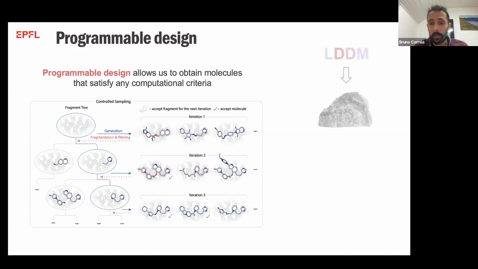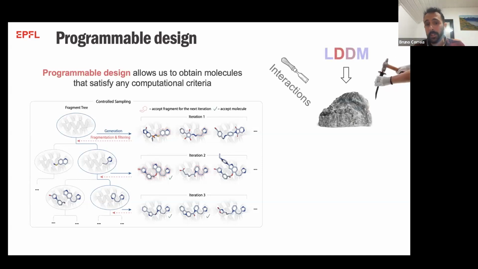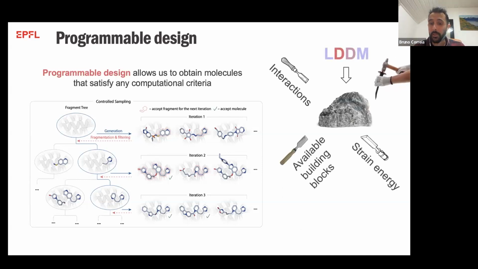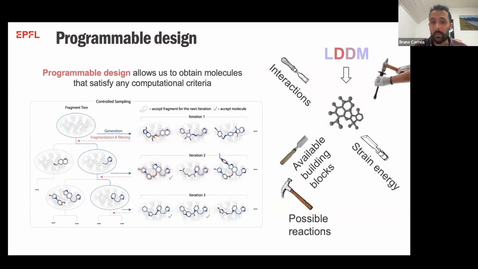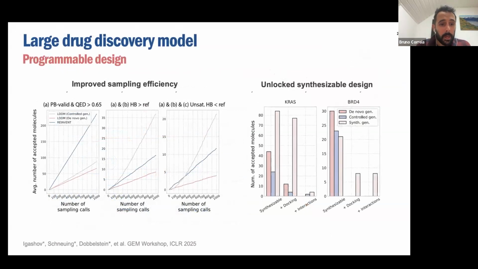So not super complicated, but what makes it very complicated is to consider all the different types of variations, which is, okay, what kind of interactions we're having. Is the strain energy of the ligand a good strain energy? Are the available building blocks there? So a number of different, so multi-parameter optimization really. But as we see here, oftentimes we end up with very interesting trajectories in terms of sampling.